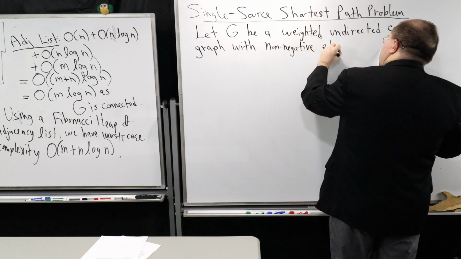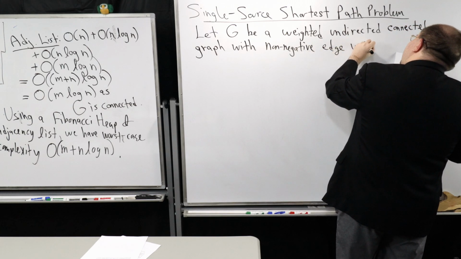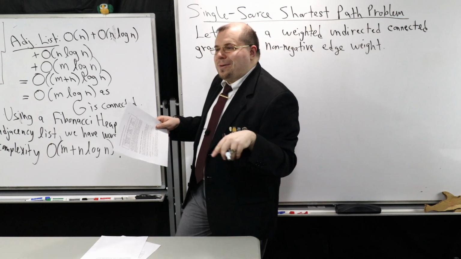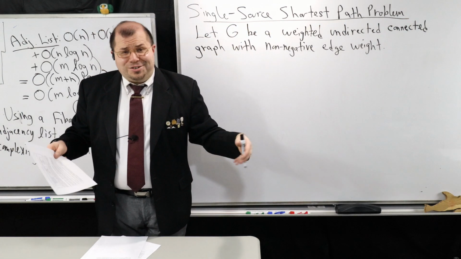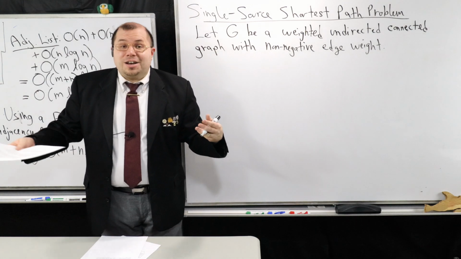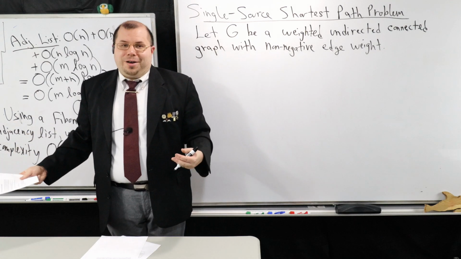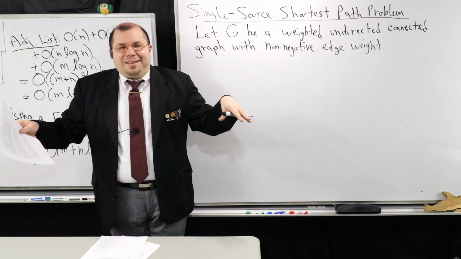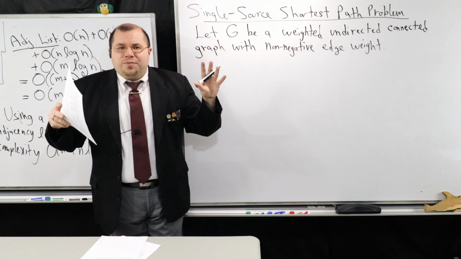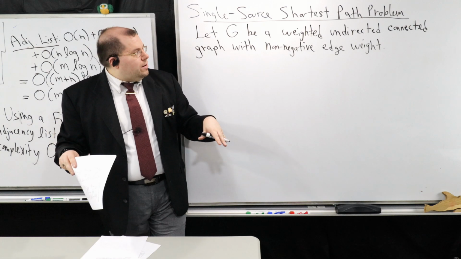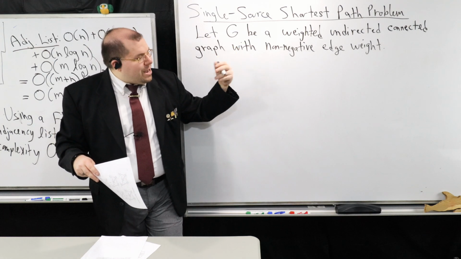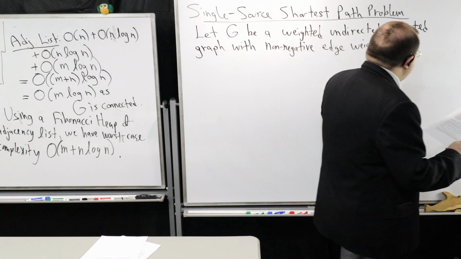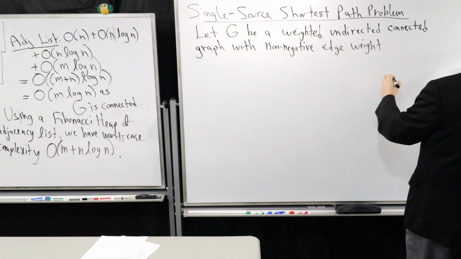One thing you might find interesting is that whenever I talked about Prim's algorithm, I never brought up the idea that the edges could be negative, but Prim's actually works even when the edge weights are negative. There's nothing in the cut property that says that doesn't work. For the problem that we're going to consider here, I need to presume that the edge weights are non-negative. That's an important remark I need to make.